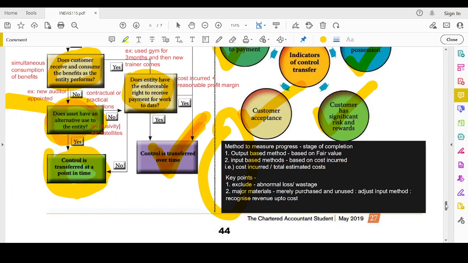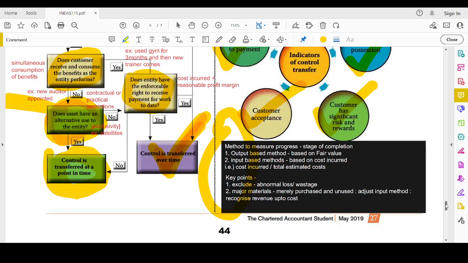How are you going to measure the stage of completion in case of progress? What are the methods? We have three methods, right? The residual method we'll ignore for now. Two methods are there: one is fair value, another is cost plus some adequate profit margin. So the output-based method uses fair value, and the input-based method is the cost method.